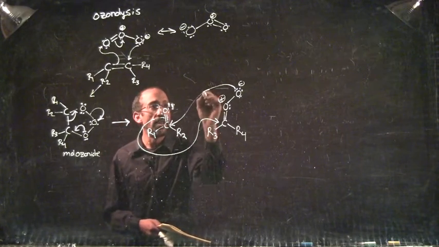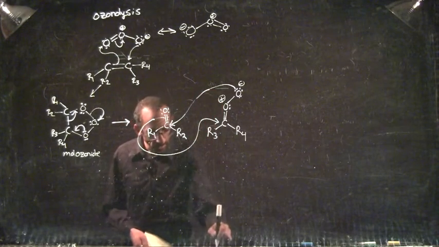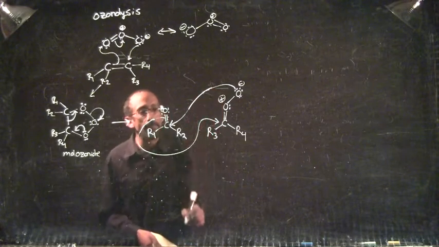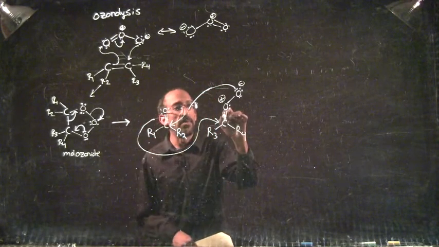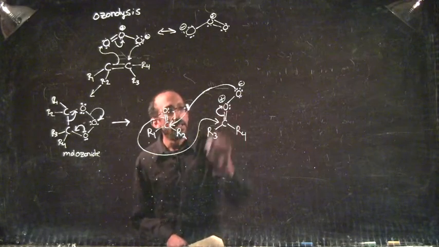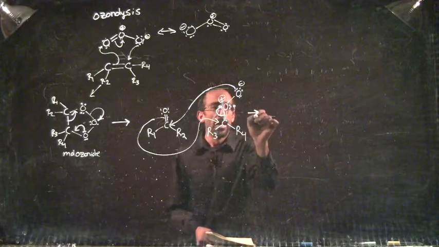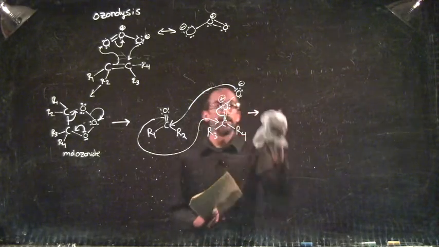Here we go. Let's make our arrow pushing lines a little darker. And then finally, this carbon-oxygen pi bond is going to break, put the electrons onto the oxygen atom, and we will generate a new intermediate.